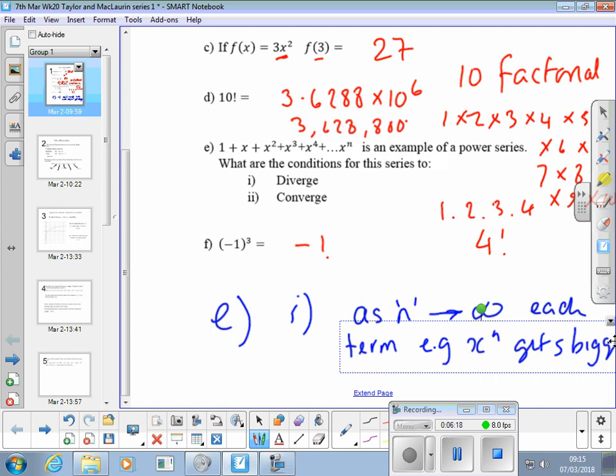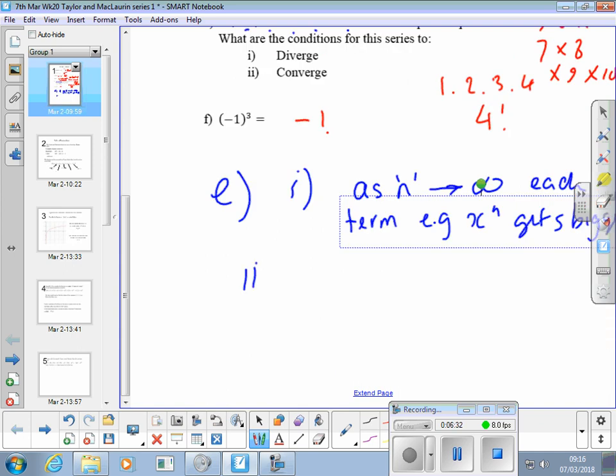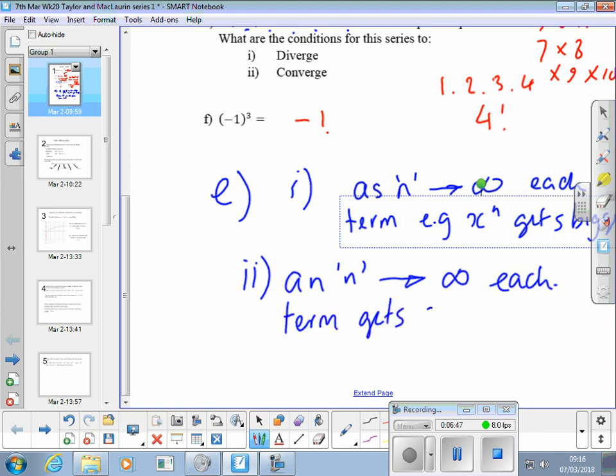So if it's divergent, then as we go along all these terms, the value of that term is getting bigger all the time. That's divergent. Consequently, convergent means as n tends towards infinity, each term gets smaller.